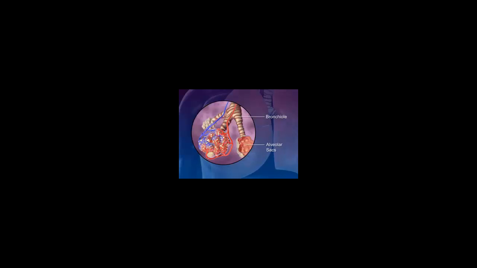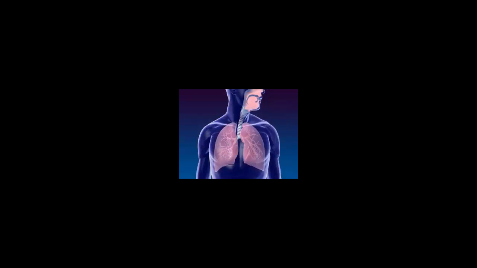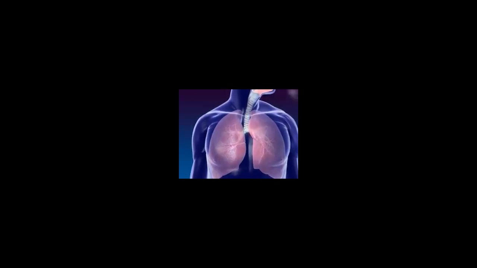The alveolar sacs are surrounded by blood capillaries and contain millions of single-layer alveoli cells where the gas exchange takes place. Oxygenated air goes from the nose to the pharynx, larynx, trachea, bronchus, and alveoli. By the process of diffusion, oxygen in the air moves from the alveoli to the capillaries. Carbon dioxide moves from the capillaries to the alveoli and is exhaled. This process is called respiration.